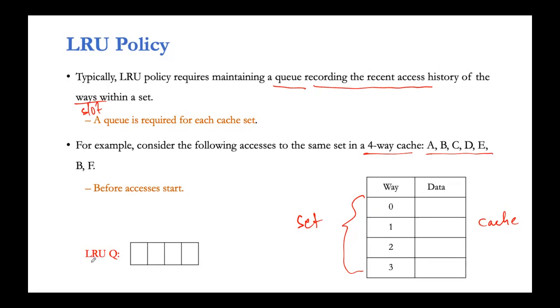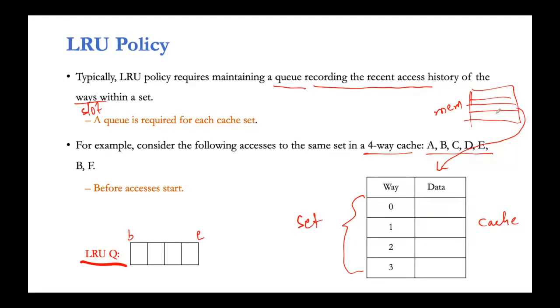For that, a queue is maintained, which we call the LRU queue. In this LRU queue, this is the beginning of the queue, and this is the end of the queue. When there is a cache miss, that cache line will be fetched from the main memory and stored into your cache in a given way by following the set associative placement policy.